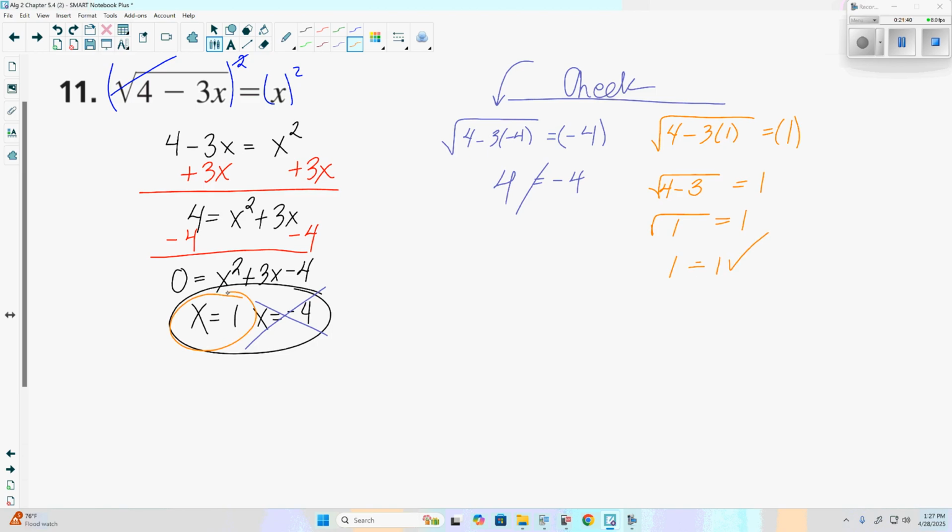So lo and behold, x does indeed equal 1. All right. Questions on any of this so far? Okay.